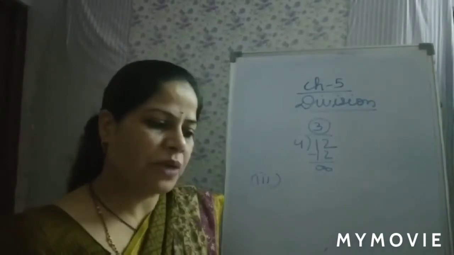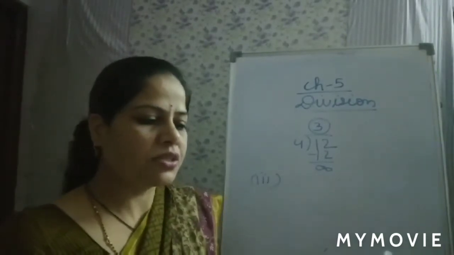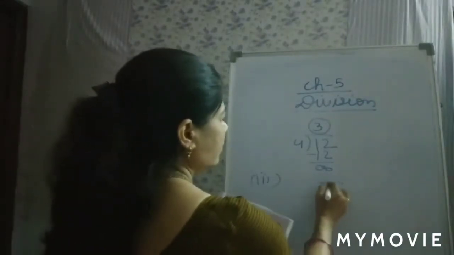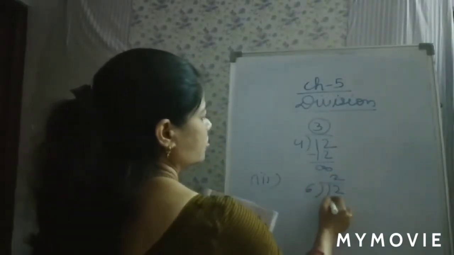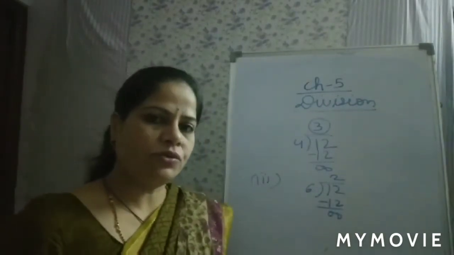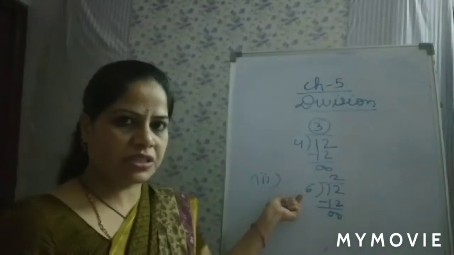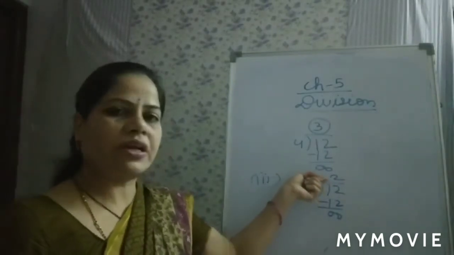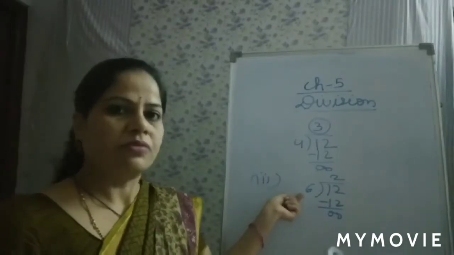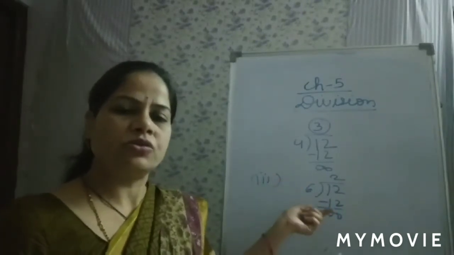Now in the third part, you have to share these 12 balloons among 6 children. So you have to divide 12 by 6. 6 2s are 12. As quotient you are getting 2, means each child gets 2 balloons.